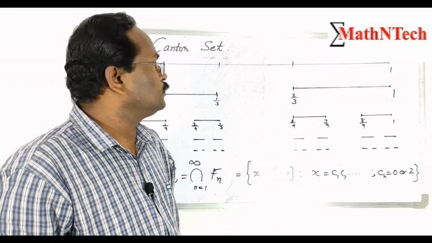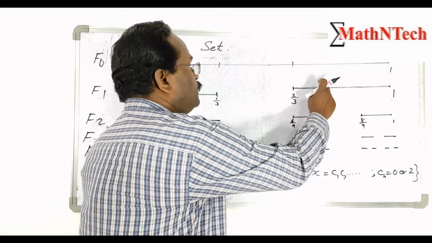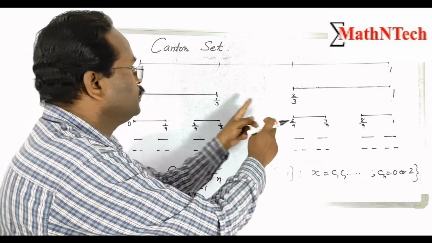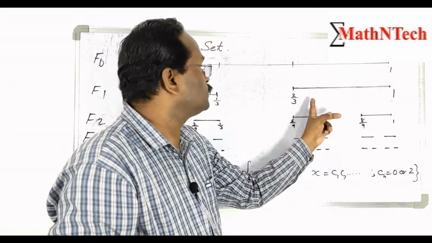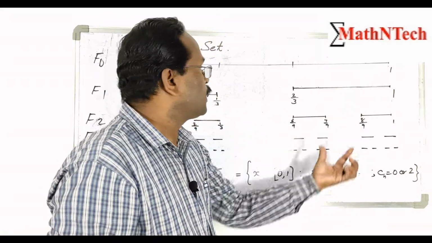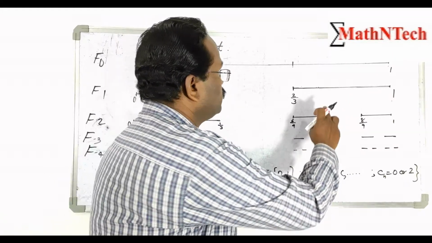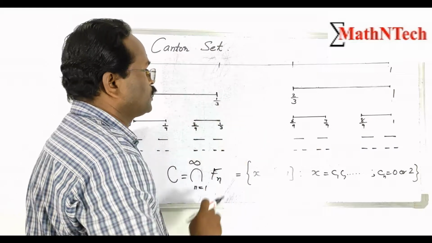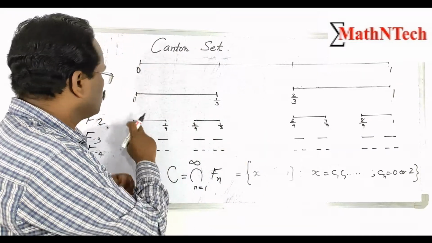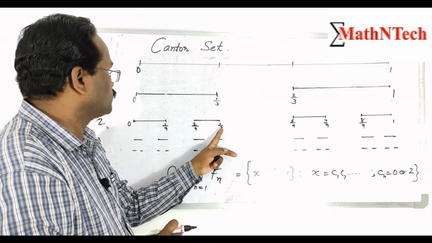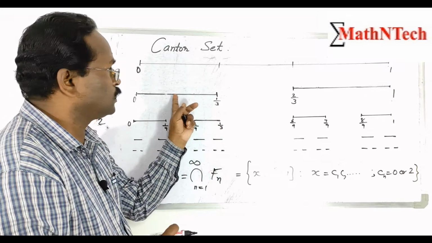Now we subdivide each of these two intervals, 0 to 1 by 3 and 2 by 3 to 1, into 3 equal parts and remove the middle part in each of the intervals, that is 0 to 1 by 9, then 2 by 9 to 1 by 3, remove the middle part here.